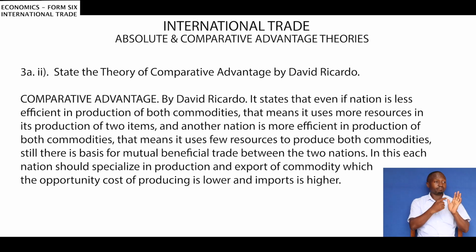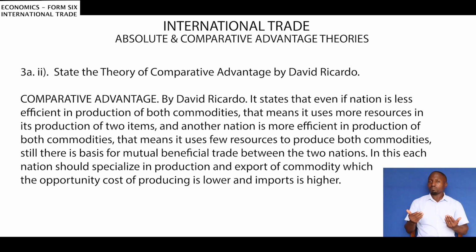In this, each nation should specialize in the production and export of the commodity whose opportunity cost of production is lower, and import the commodity whose opportunity cost is higher, for the sake of benefits.